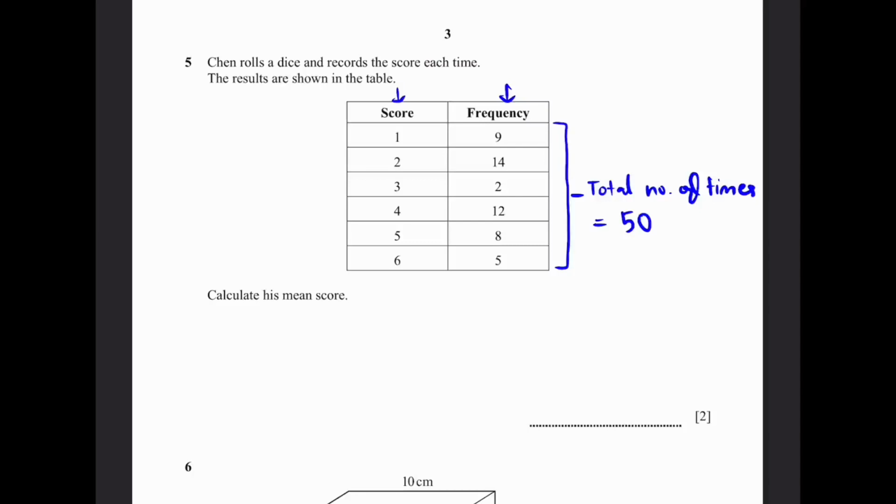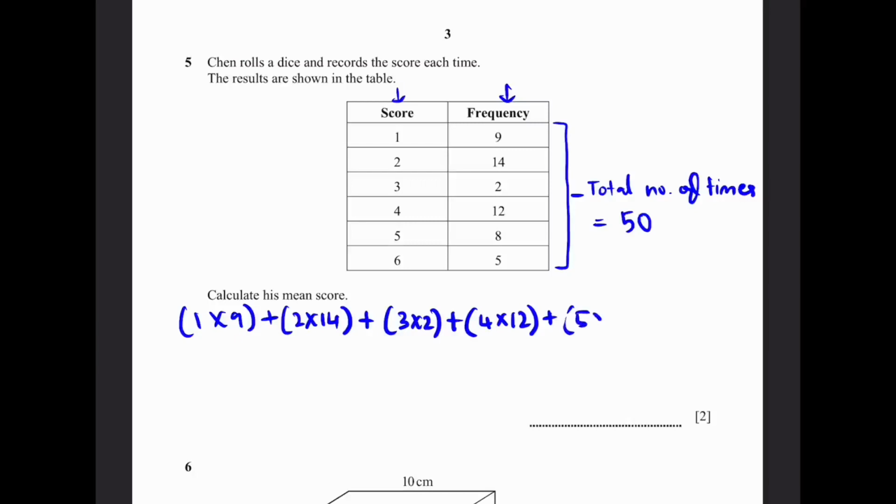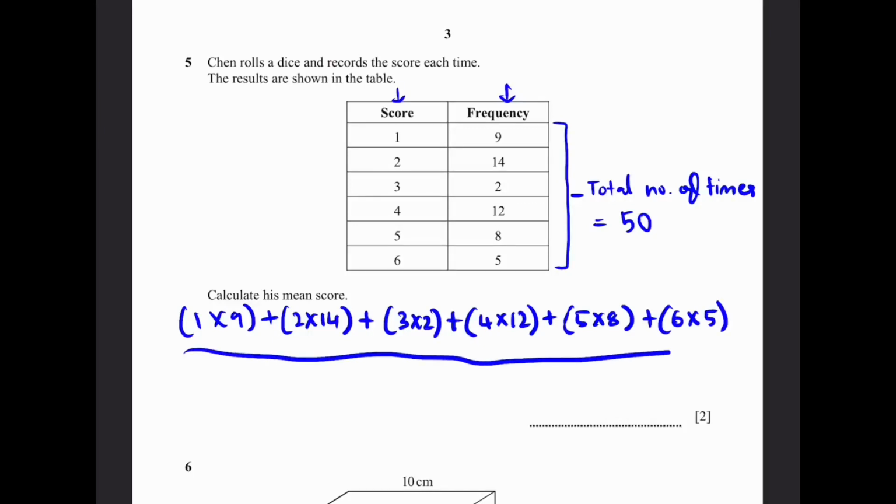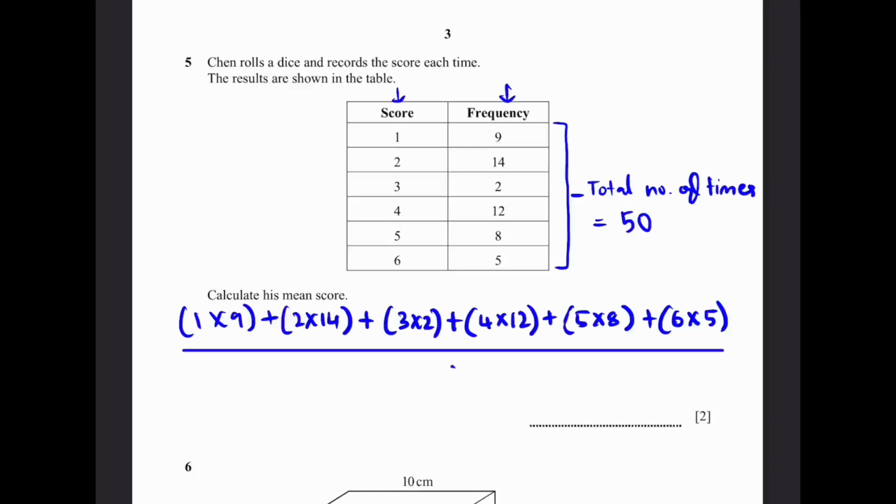So the mean will be 1 multiplied by 9 plus 2 multiplied by 14 plus 3 multiplied by 2 plus 4 multiplied by 12 plus 5 multiplied by 8 plus 6 multiplied by 5, the whole divided by 50.